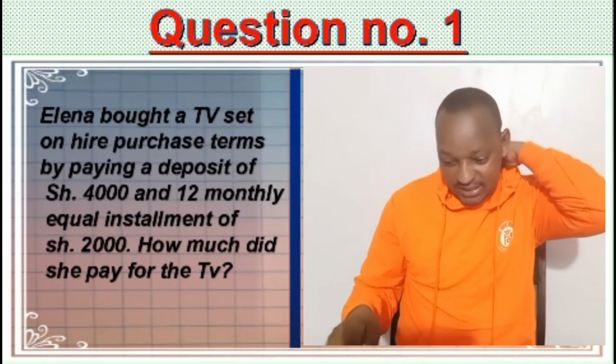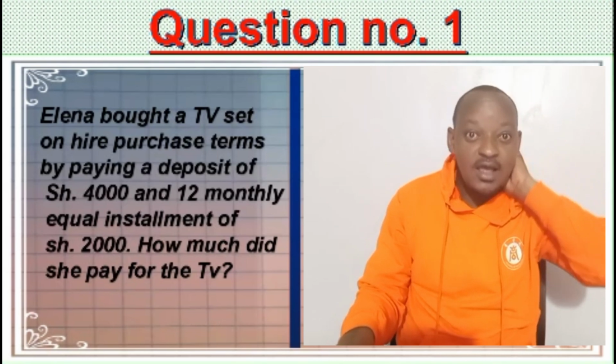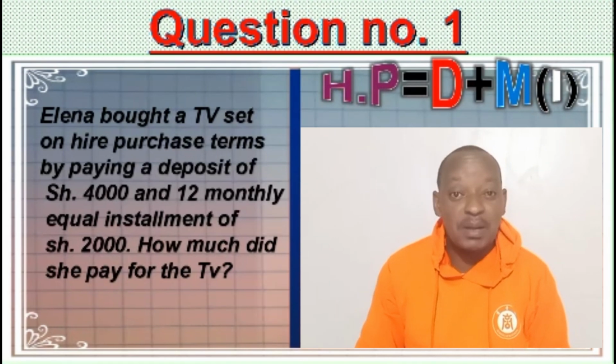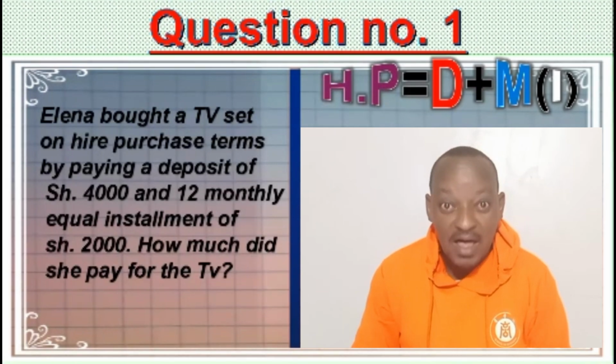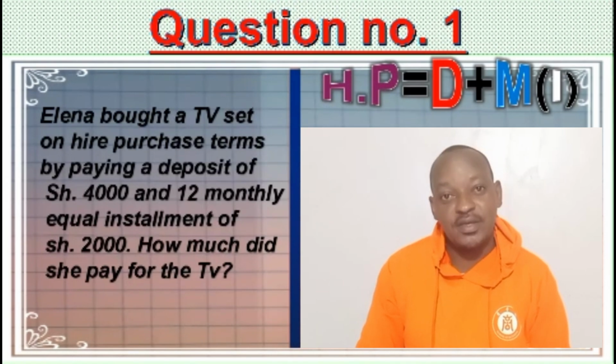So it's very simple. First of all, let us write the formula. And the formula is HP, that is hire purchase, equals deposit plus monthly installment, the amount you pay per month.